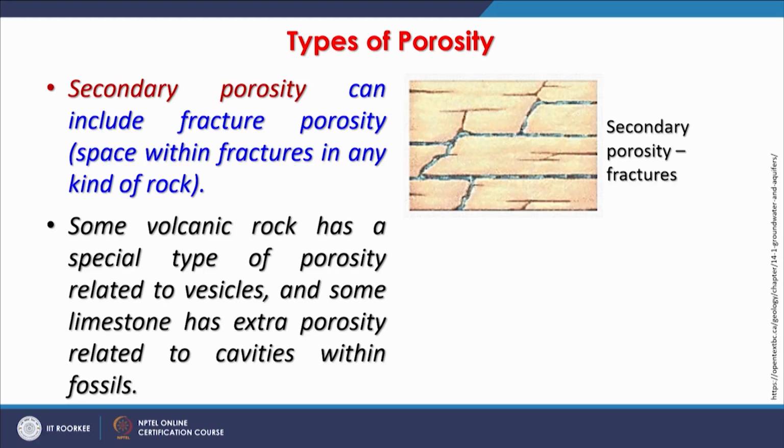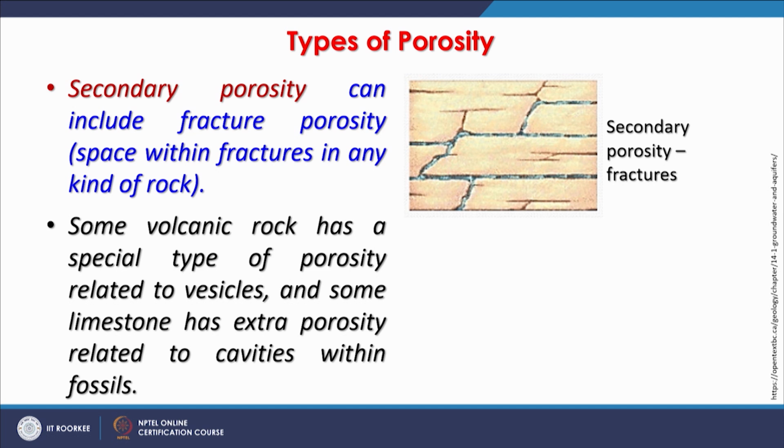Some volcanic rocks, I gave the example of that basaltic terrain, the Deccan Trap area of India, where a large part of Maharashtra, Madhya Pradesh and Gujarat is covered by Deccan Traps or volcanic rocks, that is basalt, has a special type of porosity related to vesicles. Some limestone terrain also has extra porosity related to cavities within the fossils. That means the cavity is created because of erosional activity.